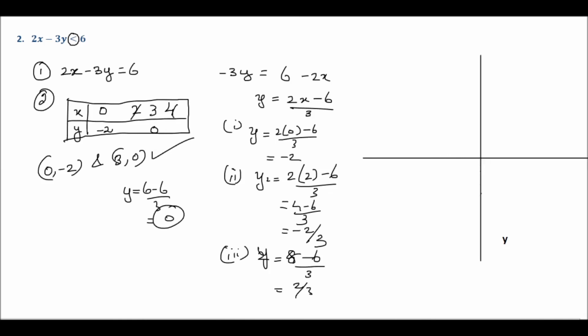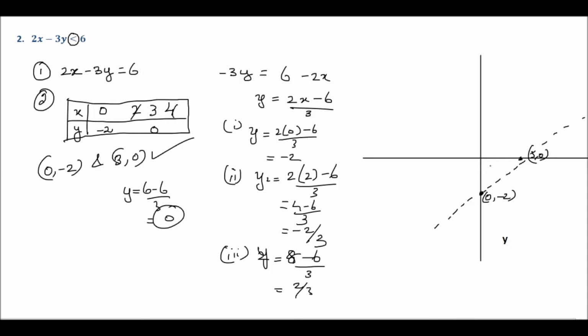0 comma minus 2 will be coming around here, and 3 comma 0 will be here, 3 comma 0, and the other point will be like this. Now we can draw a dotted line, because look at the equation, this must be dotted and the line must not be included.